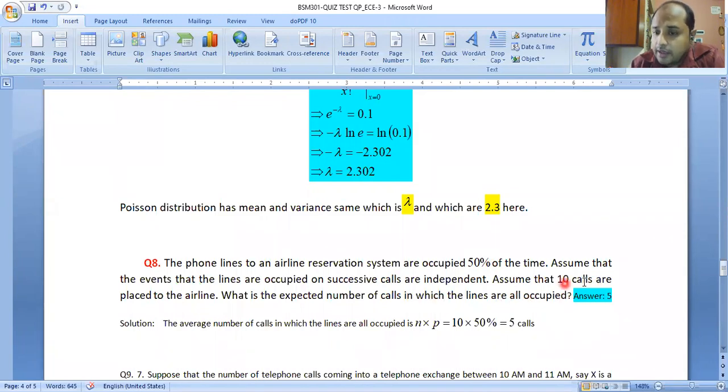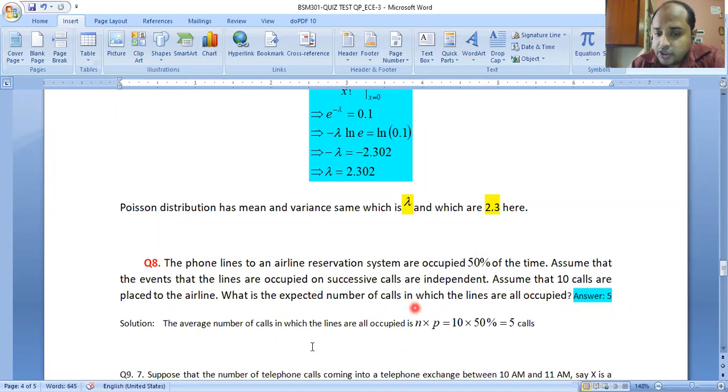And the 10 calls are there. That is the total number of experiments. Okay, what is the expected number of calls? Expected number means average number of calls that the lines will remain occupied. So definitely number of calls means n is known, probability of success means p is known. So it's a problem of binomial distribution.